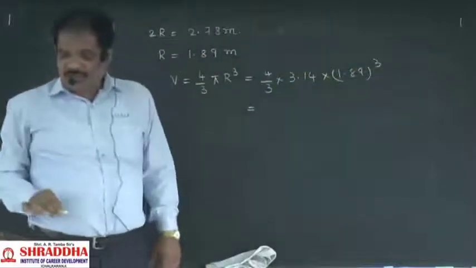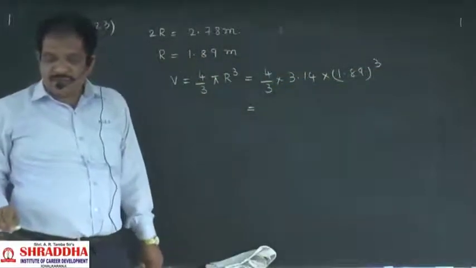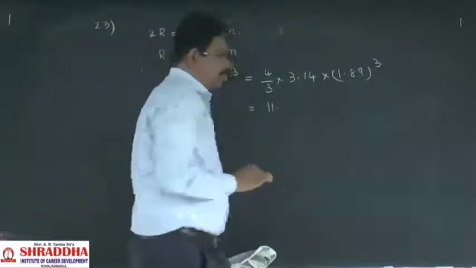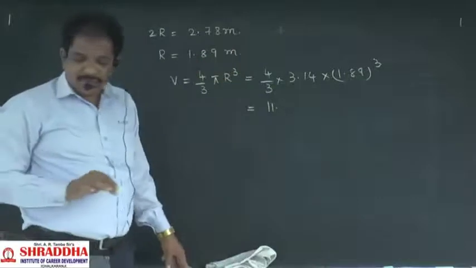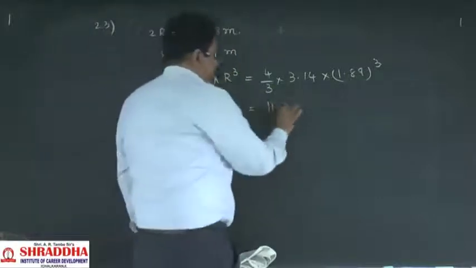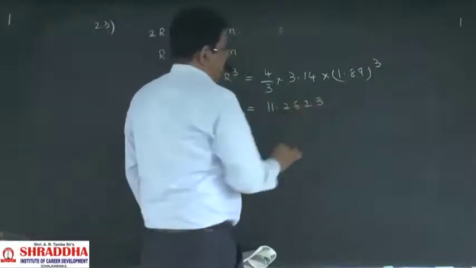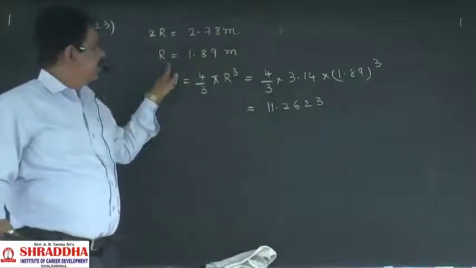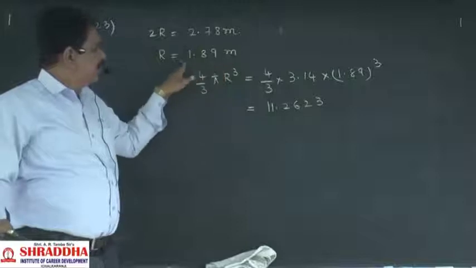Okay. If we do this one, finally we will get the value as 11.2623. But the final answer will also have the same number of significant figures.